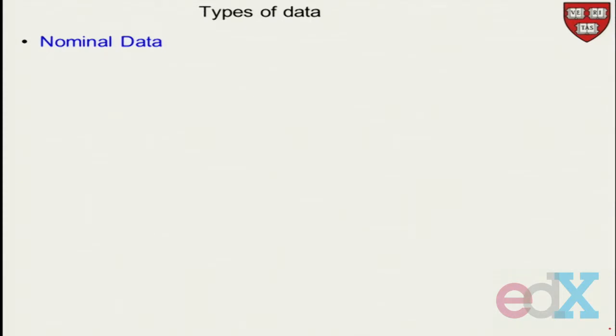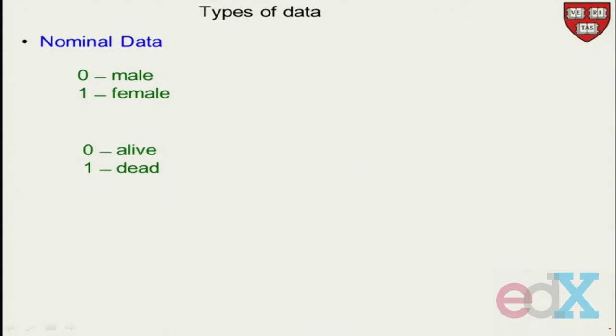Nominal data might be, for example, when we label males as 0, females as 1. That's nominal. Another example is if we use 0 to denote who's alive and 1 for denoting people who are dead. So here, note, it's nominally a number, so just 0, 1.